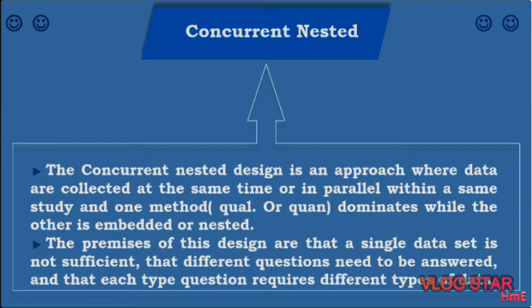The embedded or nested form of data is usually given less priority. And here always arises a question: why does the researcher need less prioritized data? The answer is that the less prioritized data may be included to help answer an altogether different question or a set of different questions.